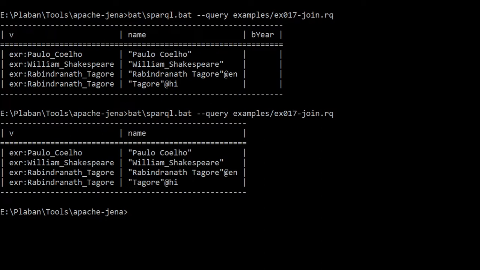Now let us change the query to see what we have in the second pattern, right? So we'll be commenting this out.